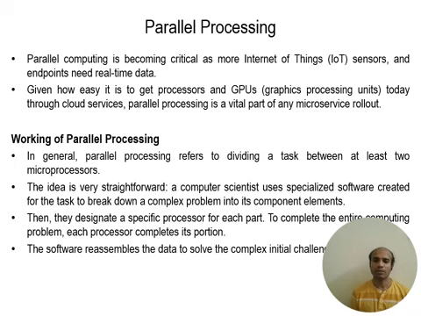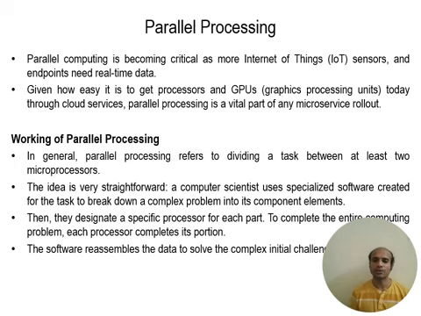So in general, parallel processing refers to dividing a task between at least two microprocessors. The idea is very straightforward.